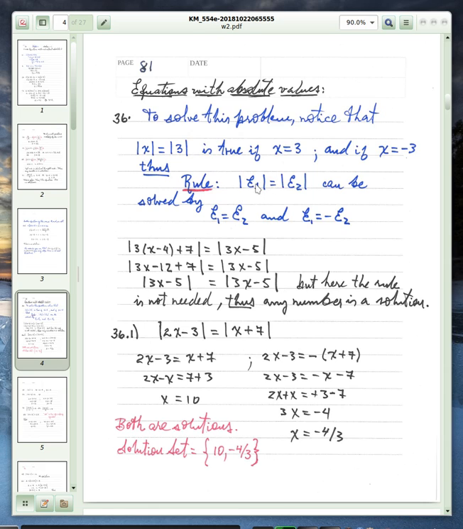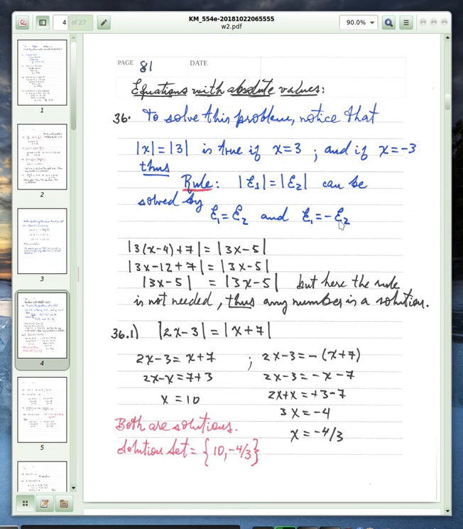The absolute value of expression 1 equals absolute value of expression 2 can be solved by stating the inner expressions 1 and 2 are equal, and by solving the case where inner expression 1 is exactly the opposite of inner expression 2.